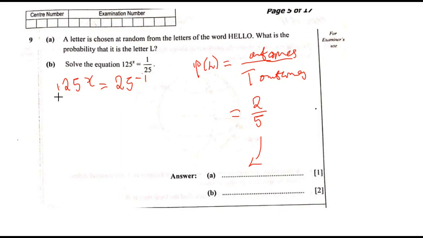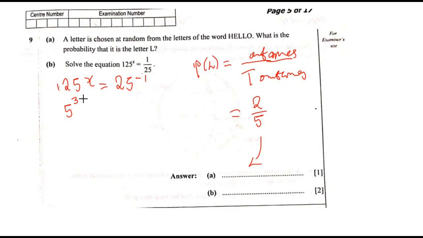So can we also write 125 in some exponential form? What we have to do now is to write these numbers in some exponential form such that they have the same base, left hand side the same base as the right hand side. So 125 can also be written as 5 to the power 3.